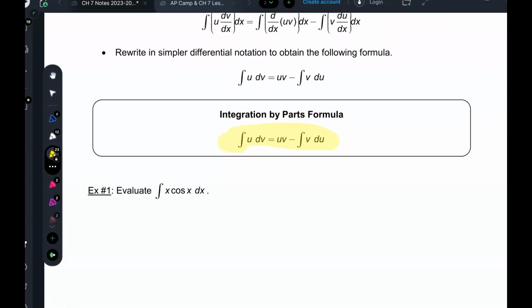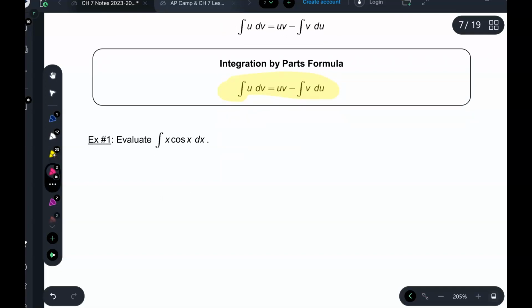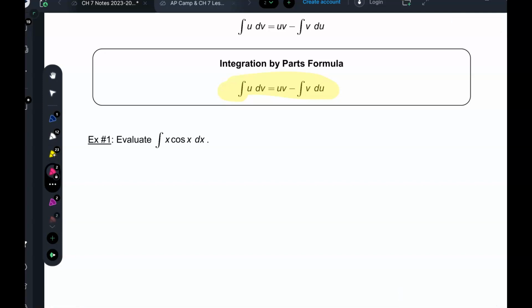what we're going to do here, we have to kind of take this apart, and we're going to let u equal x, and we're going to let dv equal cosine x dx. On the next page, I'll tell you why we're going to choose these.